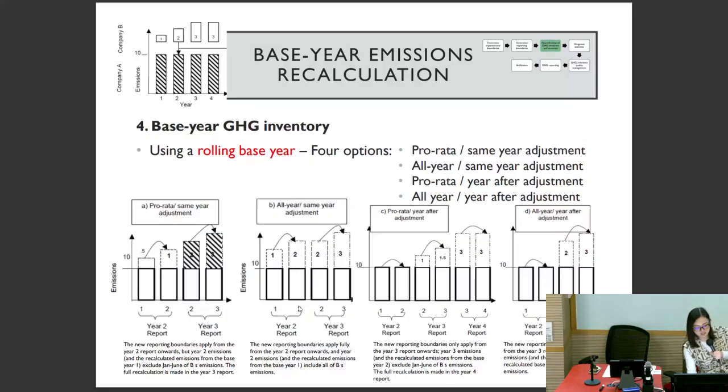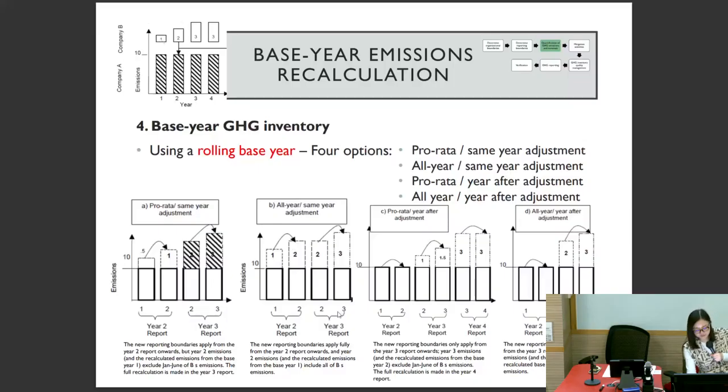Because by the end of year 2, company A owns company B, for the all year approach company A will be responsible for all the emissions of company B in that year. So 100%, and for the base year, also 100%.